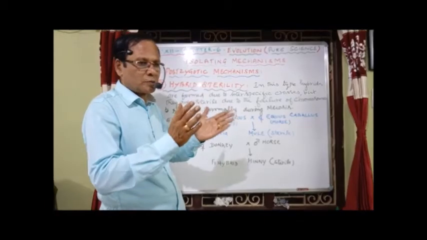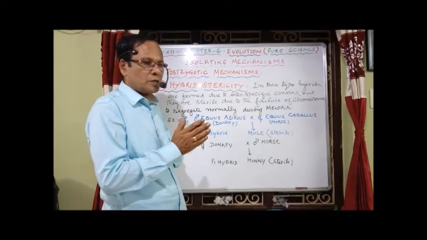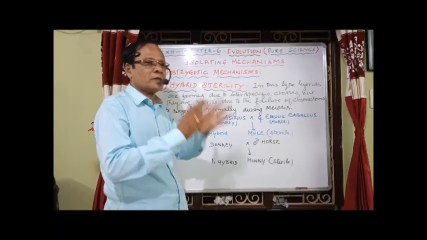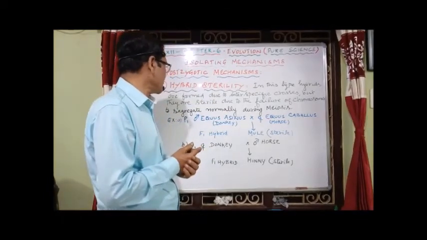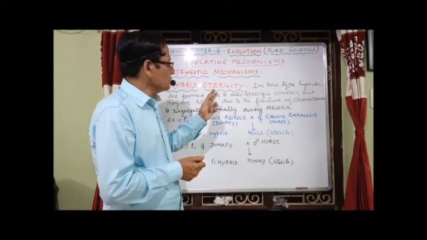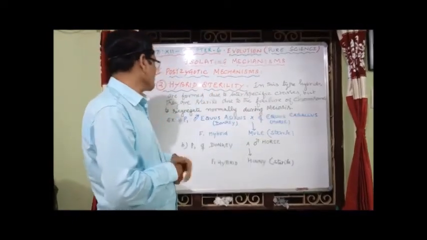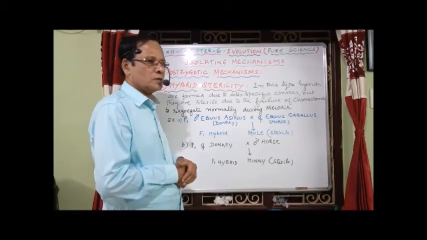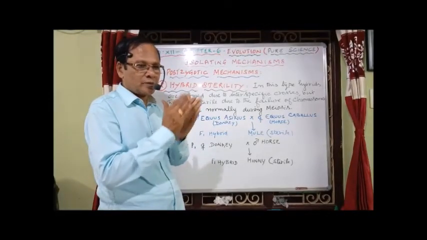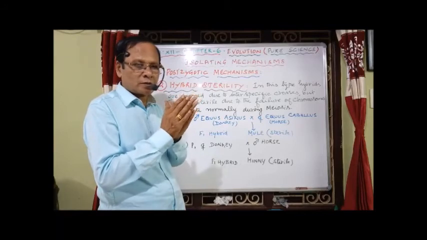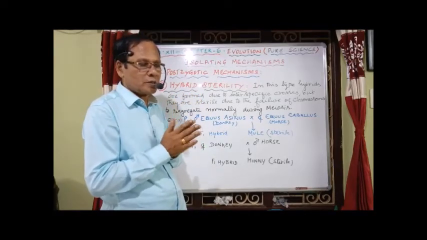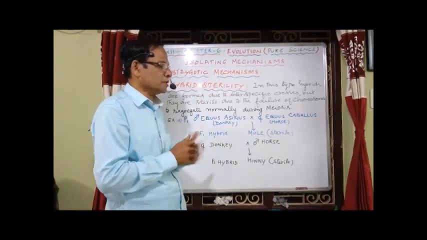The chromosomes are of different types, so they do not pair, and they do not segregate during meiosis, during the formation of gametes. The homologous pairs are not the same type, and they fail to separate during meiosis, which results in sterility.